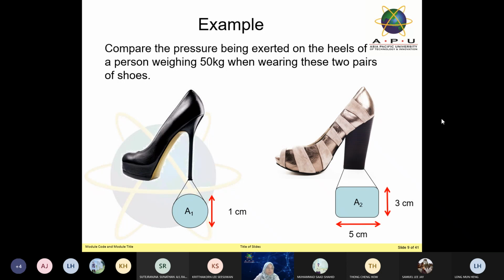The stilettos, we call this stilettos, the shoe with a very thin heel. This one, a big. Okay, so at the end of this, you need to measure whether A1 or A2 is better for anyone to use?